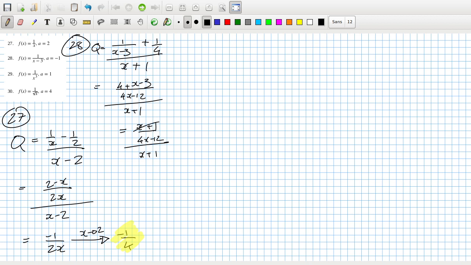Yeah, they cancel. That's 1 over 4x minus 12, which tends to, as x tends to minus 1, minus 1 over 16. Okay.